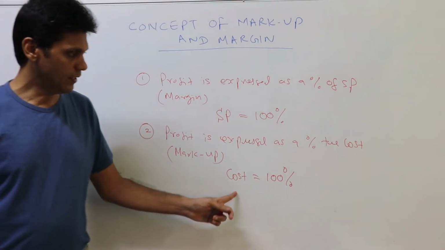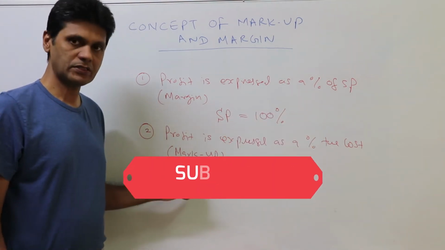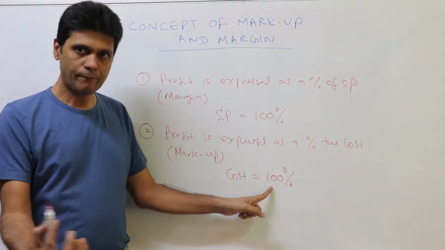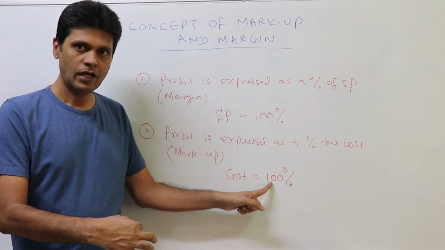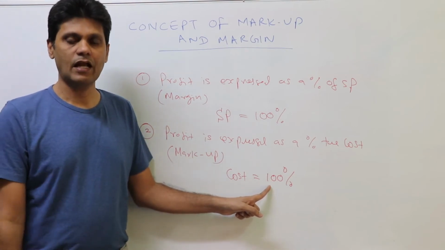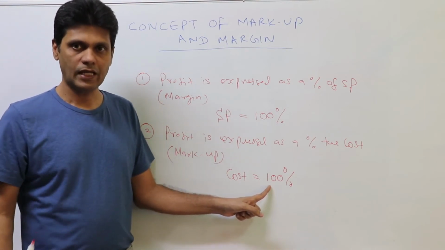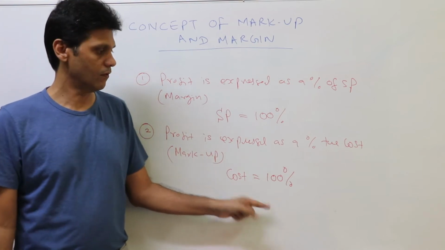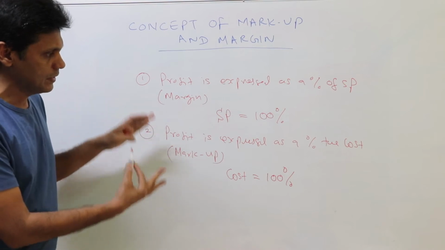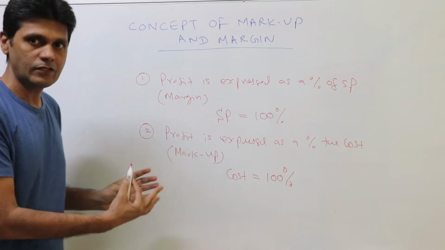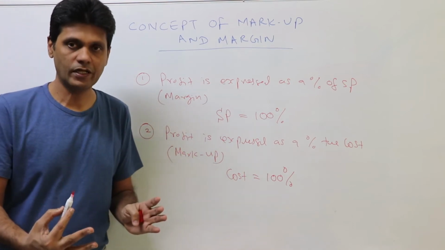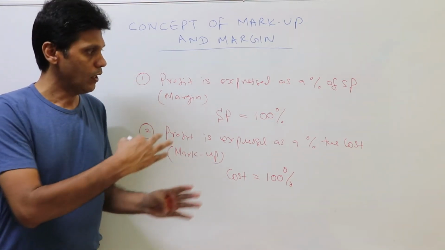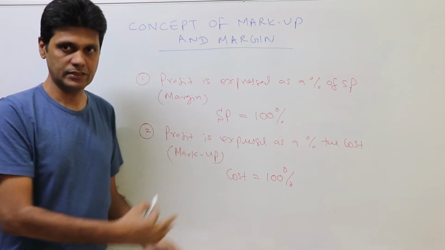If the profit is expressed as a markup, then you apply that percentage on the cost, and you can easily calculate the profit and the selling price. So this is the simple way that you can identify the profit. Let me take an example to explain this concept.